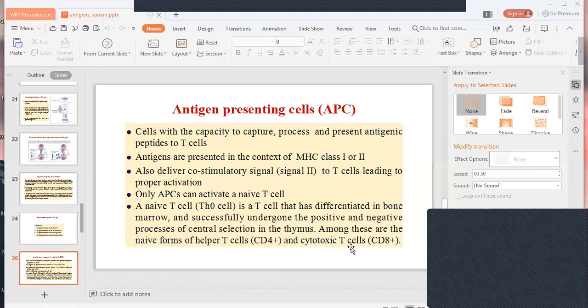And only the antigen presenting cells can activate the naive T cell. So what are naive T cells? These are also termed T helper 0 cells.